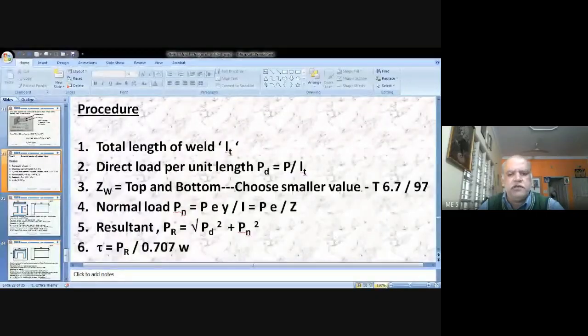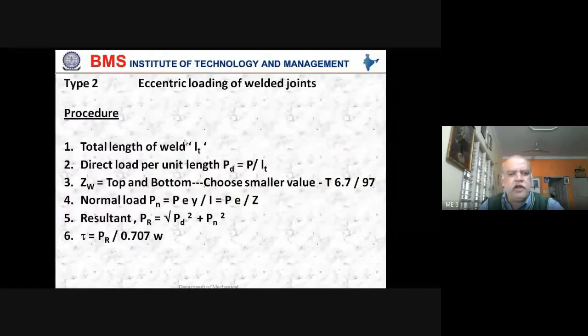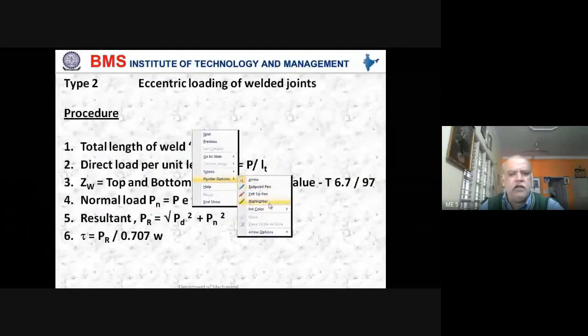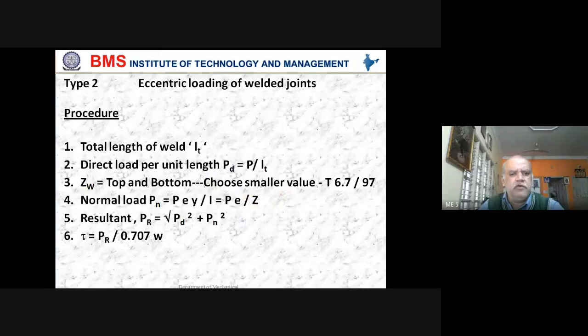For the procedure, number 1 is to find out the total length of the weld, which gives LT. Then the direct load per unit length, then find out ZW for top layer and bottom layer. Note: choose the smaller value of these two.